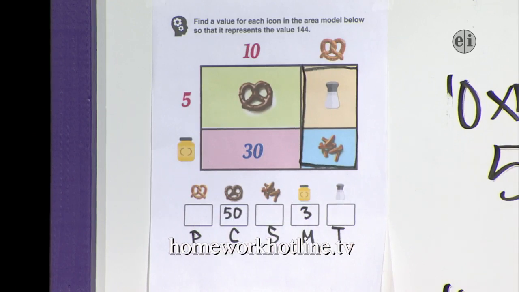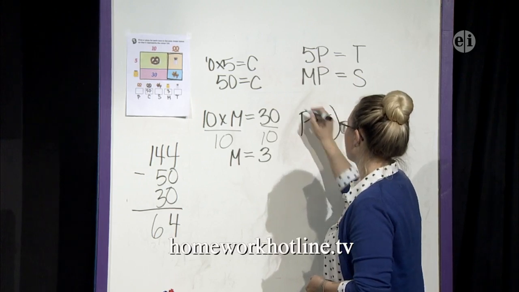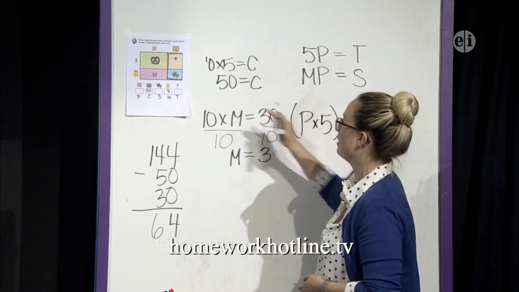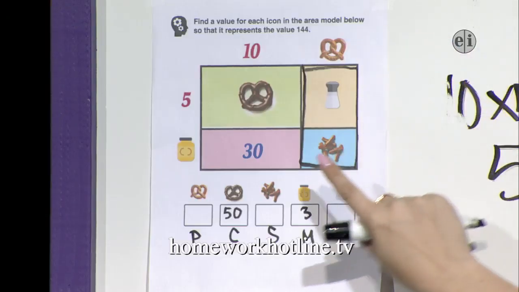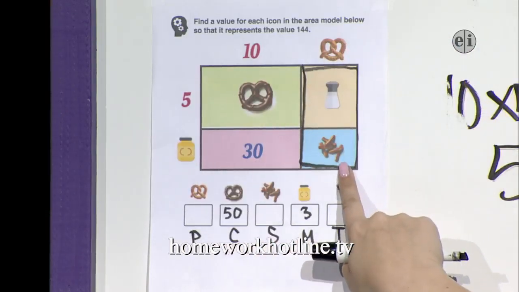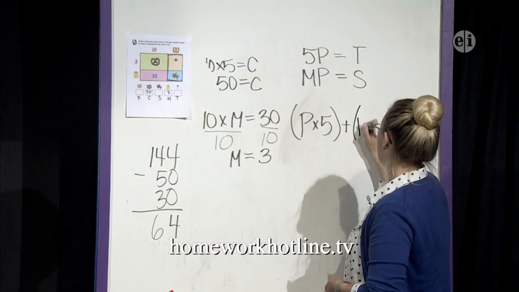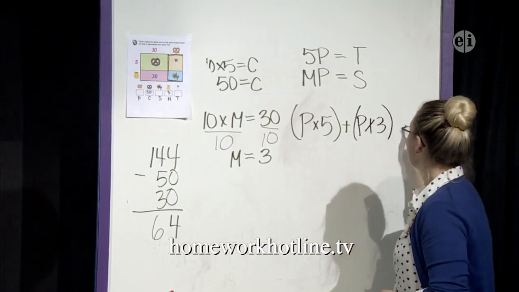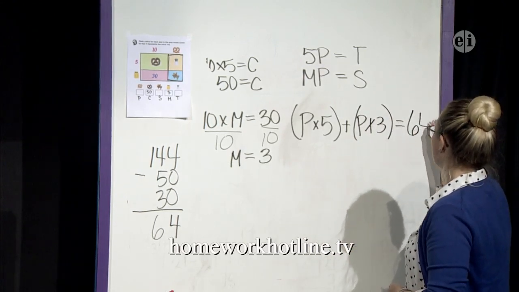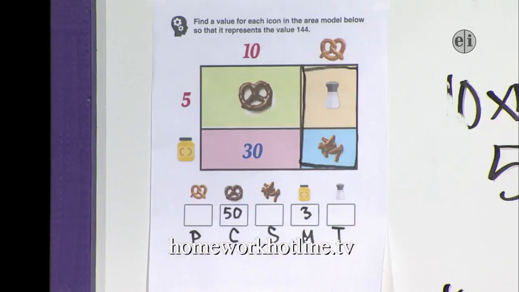So pretzel times 5, which is this area, we have to figure out what pretzel is, plus mustard times pretzel, when we know mustard is 3. So pretzel times 3 equals 64, because the area of this one and this one together is going to be 64.